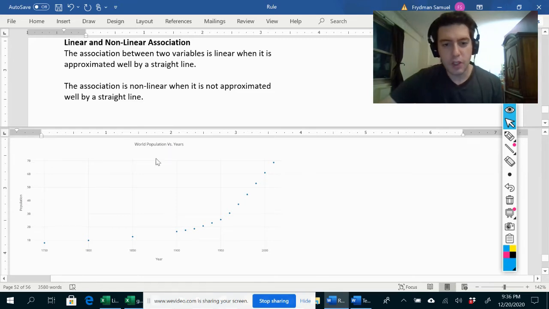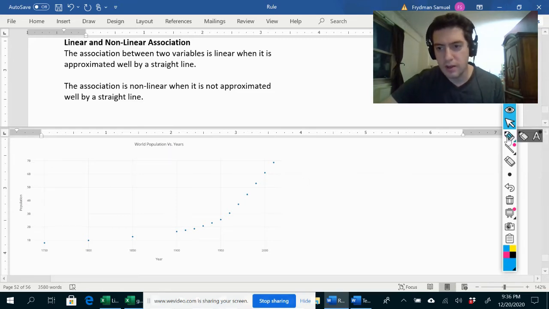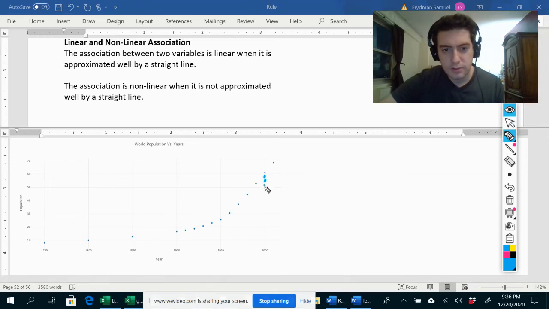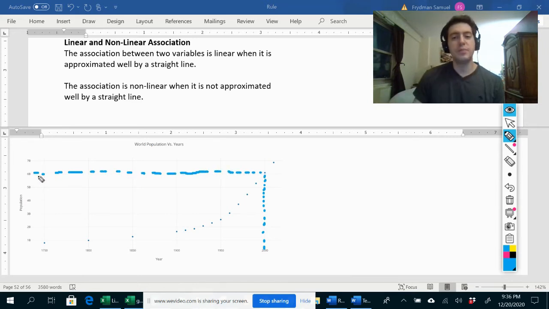So you can see in the year 2000, there were just over 6 billion people in the world. And then going back to the year 1800, there were only about 1 billion people. So that wasn't too long ago. That was just a little over 200 years ago.